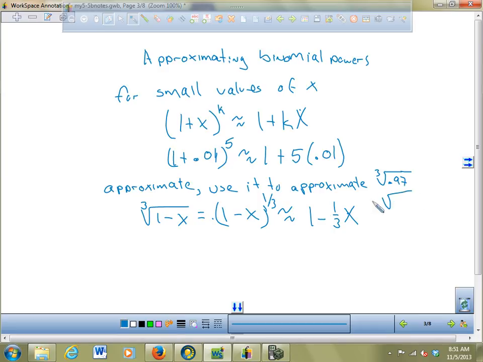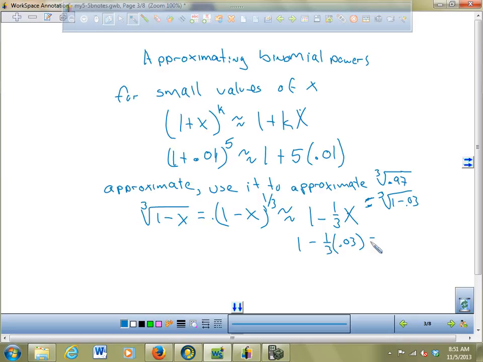Now, I'm going to plug in. So this is equal to the cube root of 1 minus what? 0.03. Alright? So I could use this linearization of this function to approximate this cube root. So it's 1 minus 1/3 times, and I made this one up, 0.03.